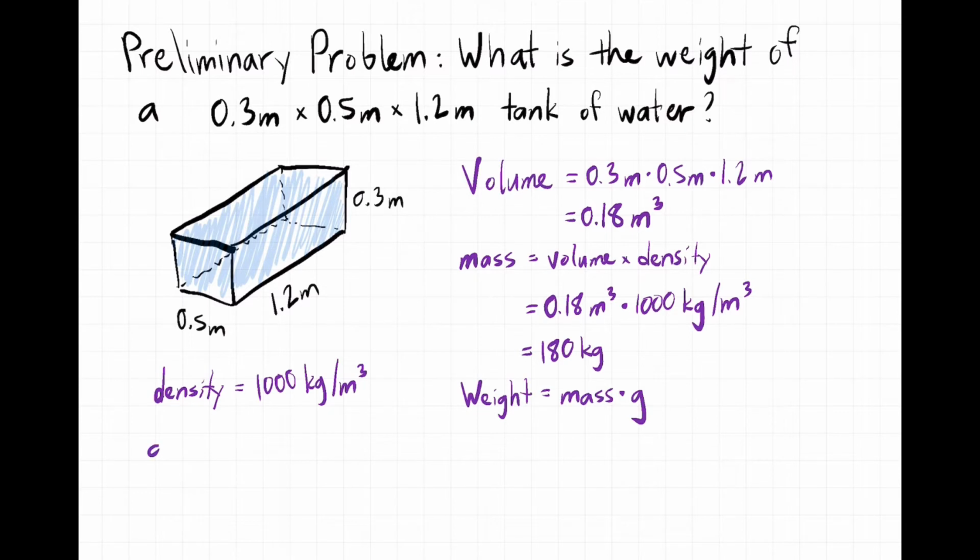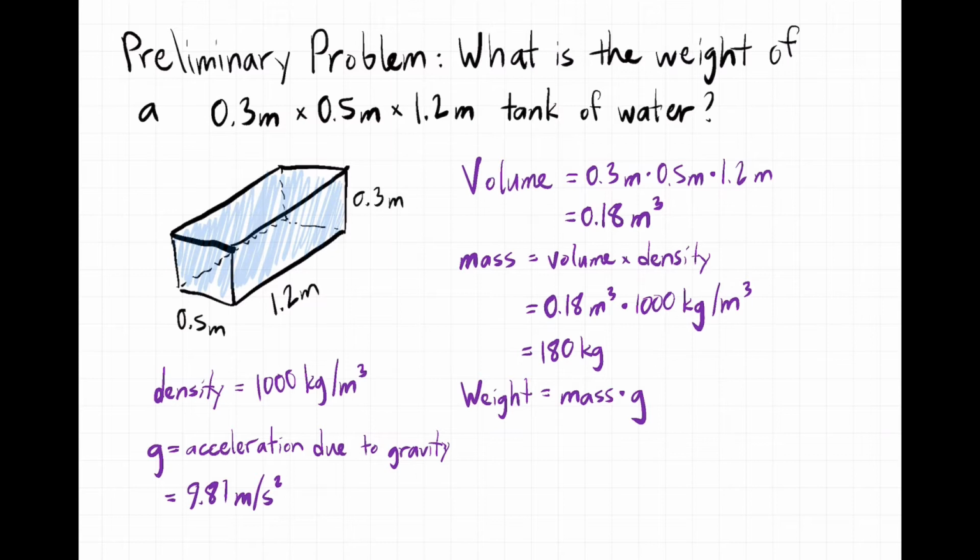That's g. G, I'll put over here on the left, is acceleration due to gravity. And on planet Earth, the Earth's surface, in metric, that is going to be 9.81 meters per second squared, approximately.